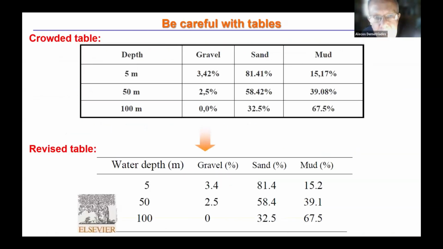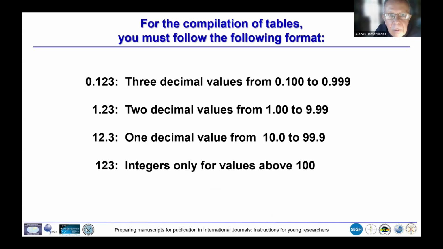Now, tables. Be careful when you compile tables. The top one, as you can see, is crowded, and when revised, it's much better, and you can read it much, much more clearly. Important: when you compile tables, you must follow the following format.